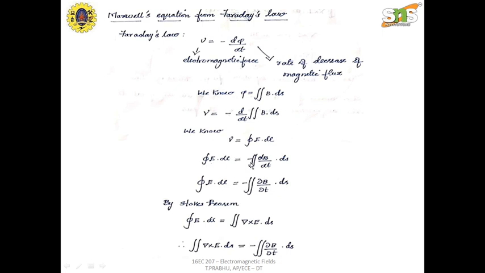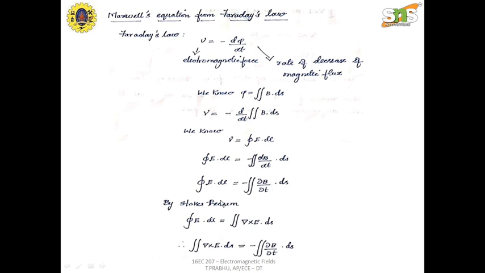E dot dl is equal to, here you just see the differentiation term is outside the integration, and the differentiation is with respect to time, while the integration is with respect to ds. Both have different terms, so I am keeping the differentiation term inside the integration. There won't be any problem. Therefore, minus the integral of dou B by dou t dot ds.